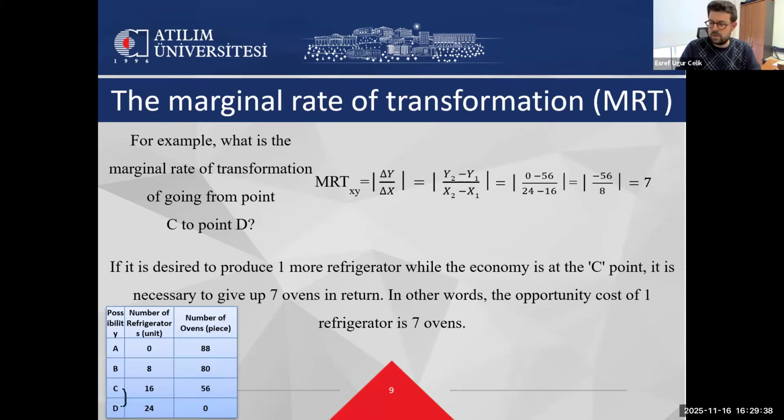This time, C to D. Again 8 refrigerators, and this time we give up 56. So the answer is 7. For moving B to C, we found the answer is 3. This time we find the answer is 7.